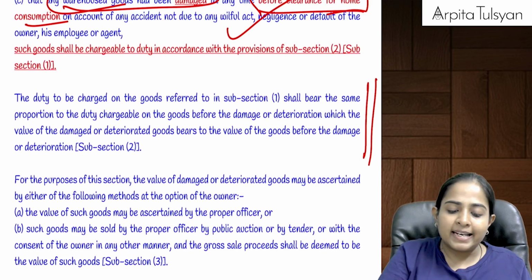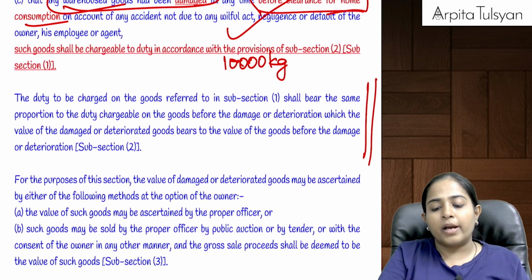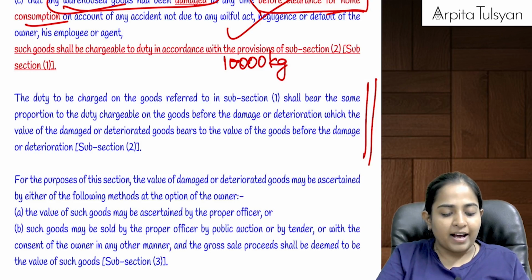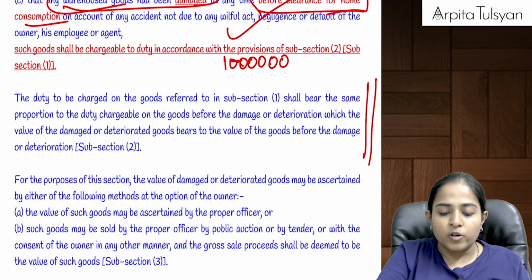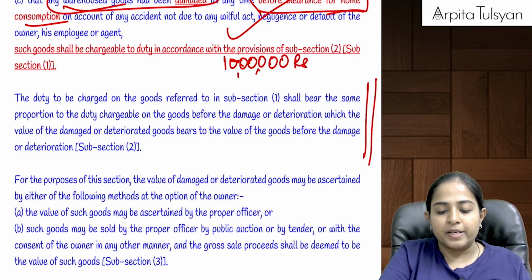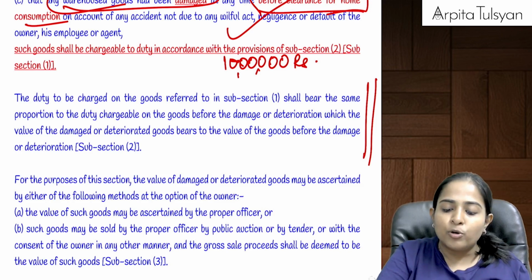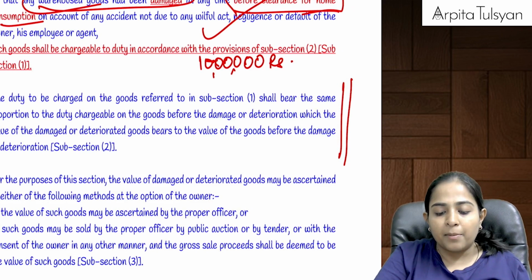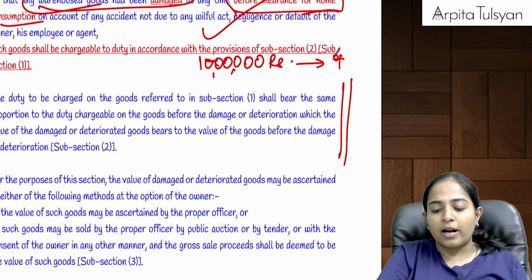Now let's say original quantity of goods was 10,000 kgs, or let's take it in value only. Let's say original goods value was, for example, 10 lakh rupees, value before damage or deterioration was 10 lakhs, and duty payable on this is, let's say, for example, 4 lakh rupees.